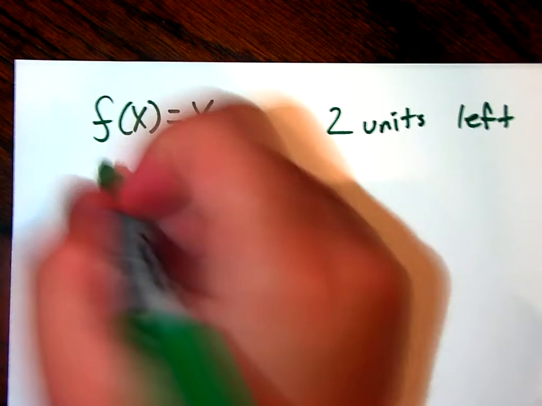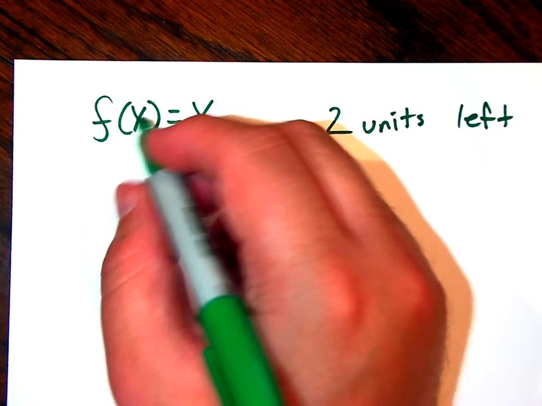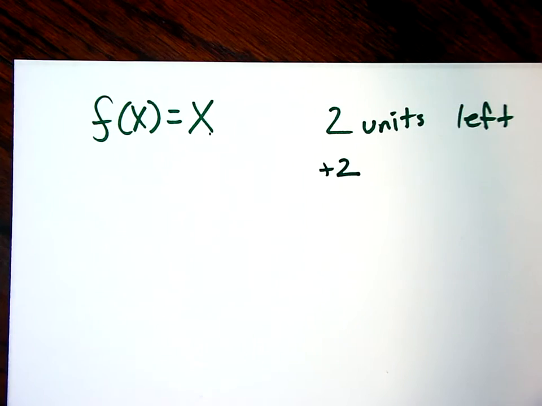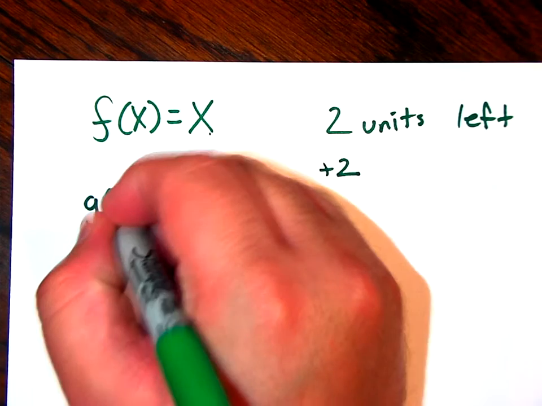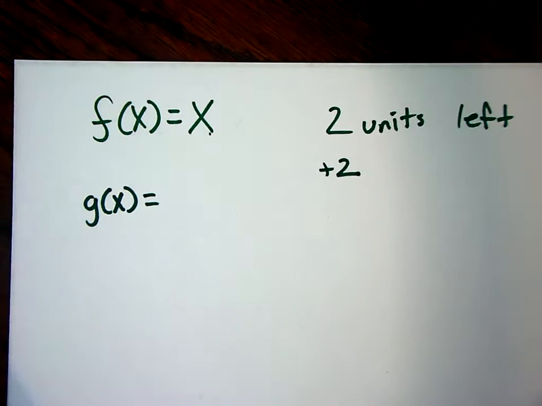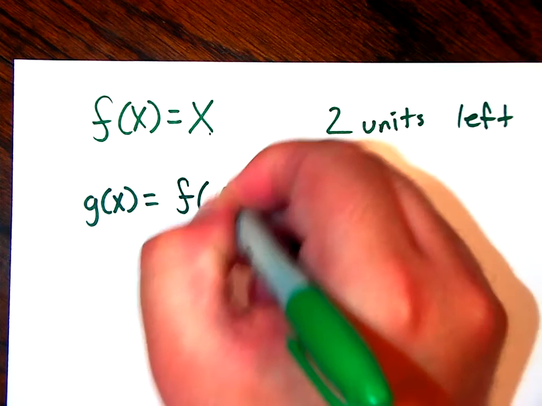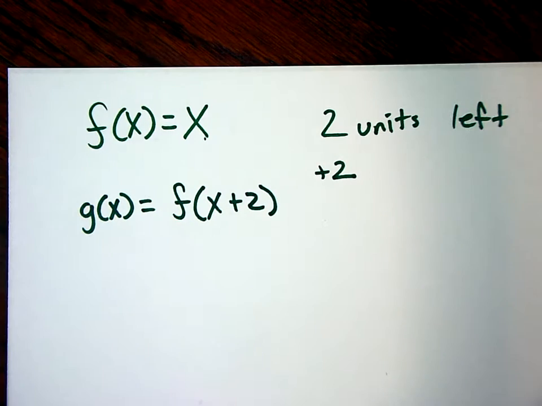But in the example, it's going to tell you that that is a change of positive 2. So we're going to get a new function once we do this. I'm going to say g of x is equal to f of x plus 2, which would be the transformation.